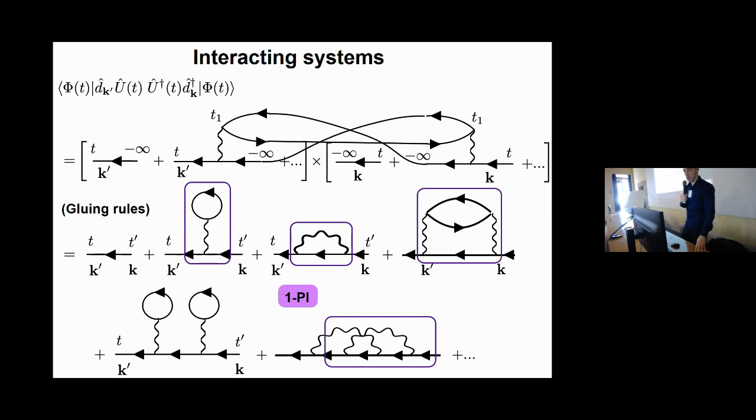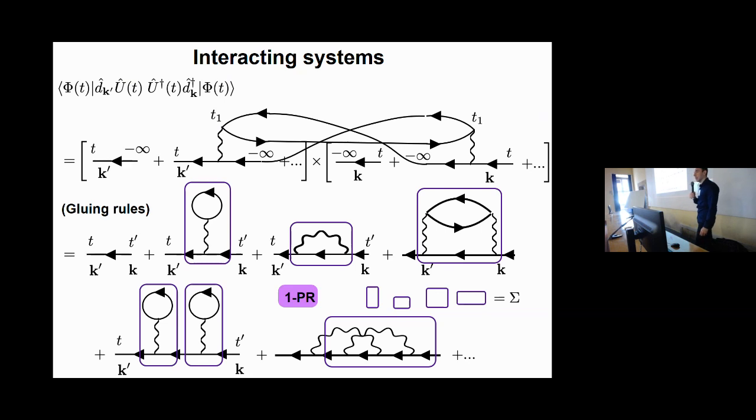What is the self-energy? You see that among these diagrams, there are some that are more special than others because they are so-called one particle irreducible. You cannot cut them by cutting an internal line. So we call these diagrams 1PI, one particle irreducible diagrams, and these are exactly what people call the self-energy.